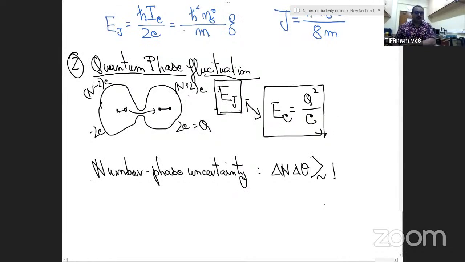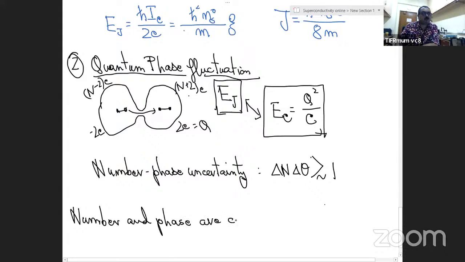Okay, now we can do a little bit better than this. And to do a little better than this, the first thing that you have to prove is that number and phase are conjugate variables.